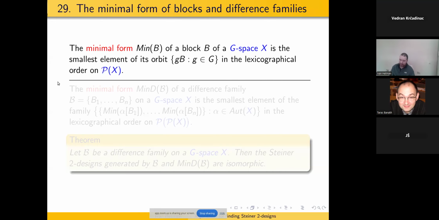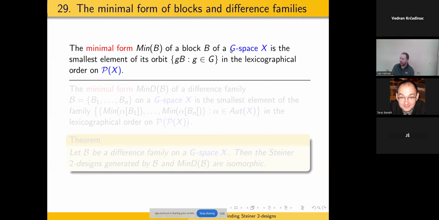Again, we can also similarly define minimality on the blocks. So the minimal form of a block of a G-space X is the smallest element of its orbit of left actions on this block B in the lexicographical order on the power set of X. So also a very similar definition.